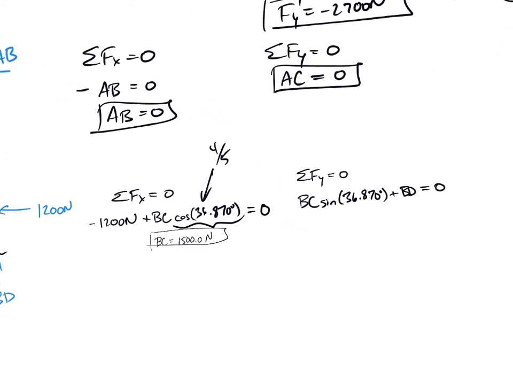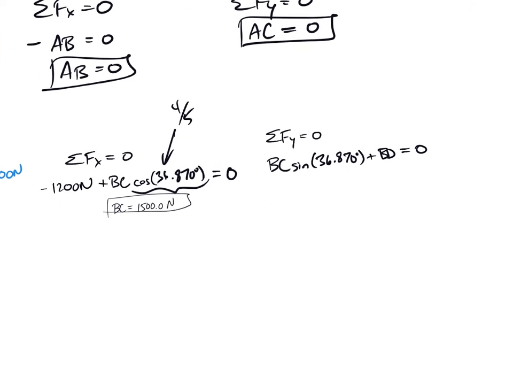Again, instead of sine, we could have done 3 over 5. It would have been more accurate. In place of BC, I'm going to plug in 1500 newtons. In place of sine, you could plug in sine of 36.870 and you'll get 0.6. So I'm going to do it like this, equals 0. And so we end up with BD equals a negative number, negative 900.00 newtons.